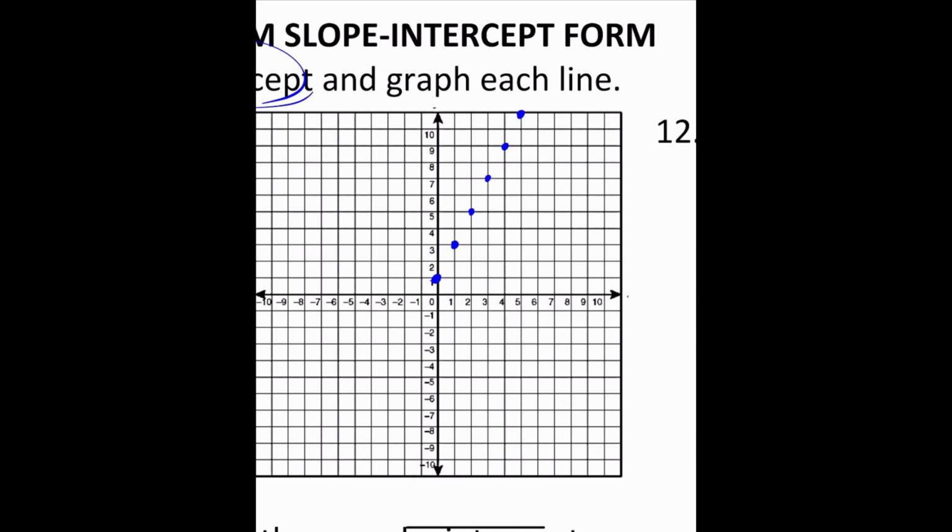So it's going to be down 2, left 1, down 2, left 1, down 2, left 1. All right. Now with all of these points, I can draw a line through them and finish this line with an arrow on both ends.